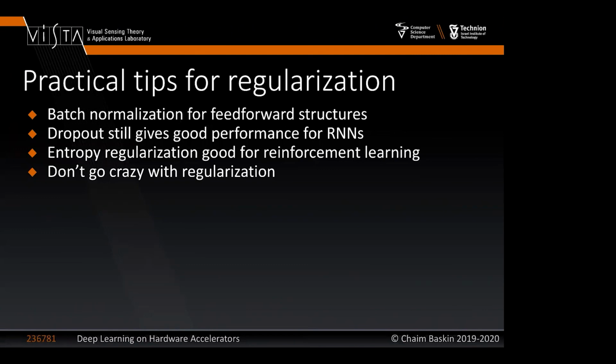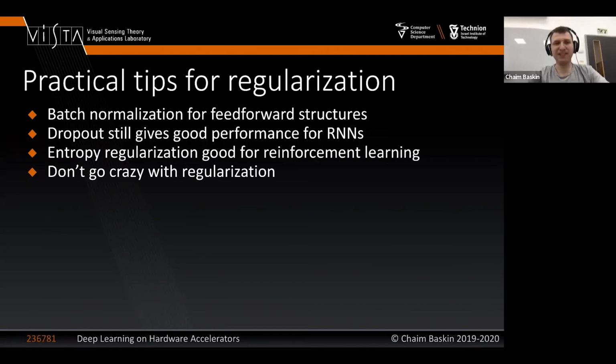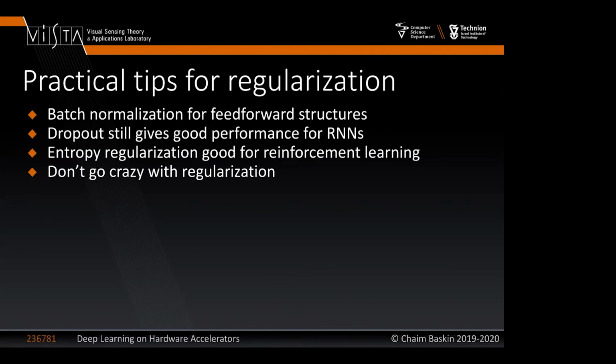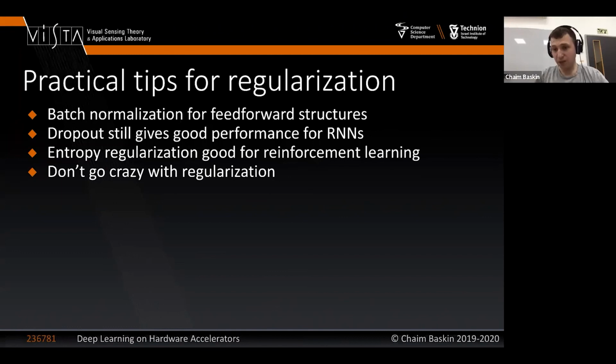What's entropy regularization? I didn't talk about it in this lecture. It's a teaser for reinforcement learning. And what's RNN? This is also a teaser. RNN is recurrent neural networks, networks with memory used for sequences and language models, and we will talk about it next lecture.